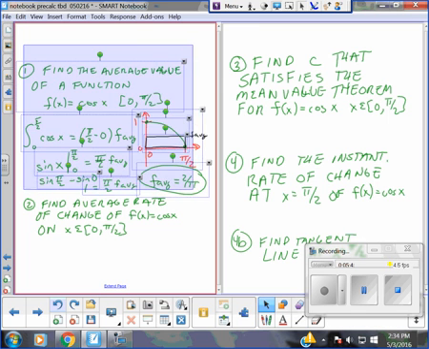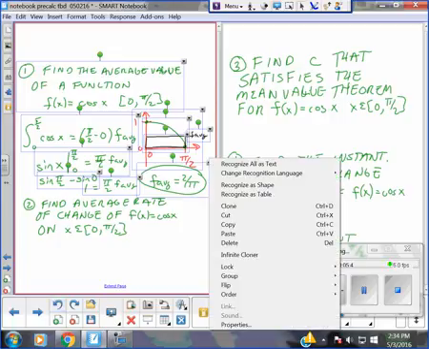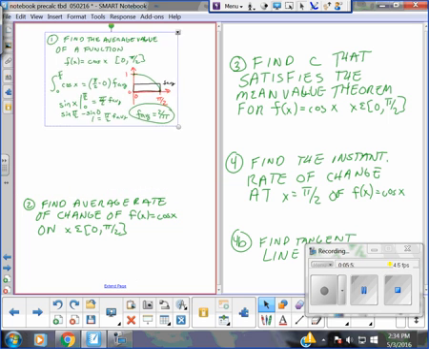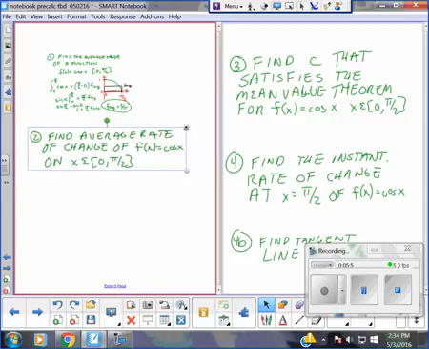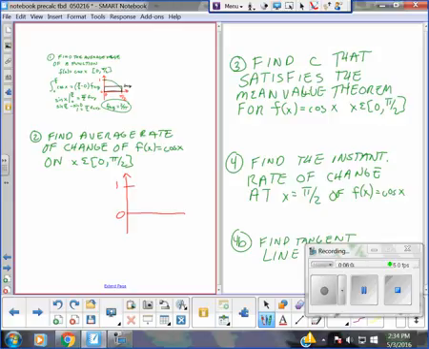On number 2, okay? Again, number 1 was the average value of the function. The next one says find the average rate of change. And again, you don't need a graph, but I'm going to use the same graph over and over here. I'll tell you what, I'm going to make a good picture of it and not do it again.